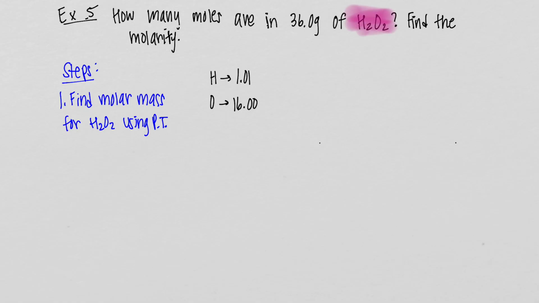You have to take into consideration how many you have of each. So you have 2 hydrogen, and then you have 2 oxygen. So you're going to multiply each of those by 2, and you get 2.02 and 32.00 here. Okay, so when you add those up to get the total mass, you're going to get 34.00. That is your molar mass. Okay, that is your molar mass.